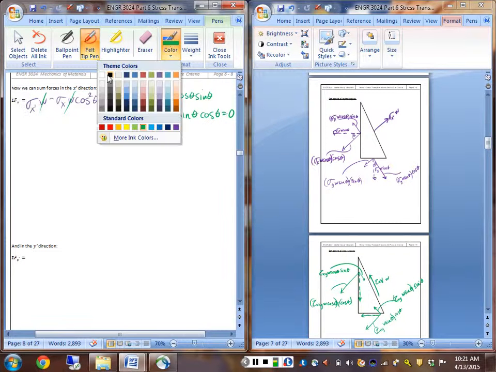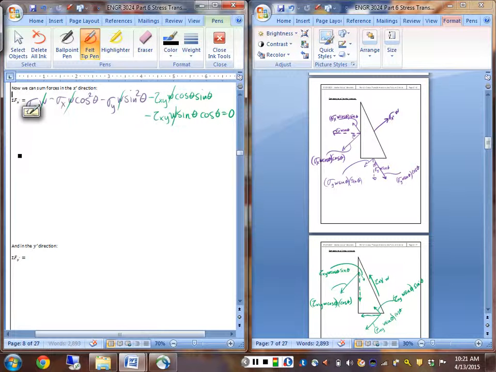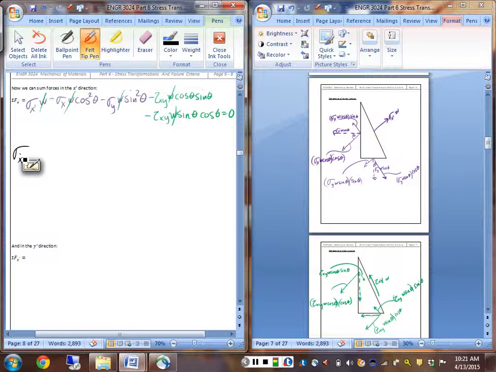So we can now solve this guy for our sigma x prime, and that is going to equal all of the rest of those other terms go over on the other side and become positive. So we have sigma x cos squared, sigma y sine squared, and then we got 2 of these guys, plus 2 tau xy cos theta sine theta.